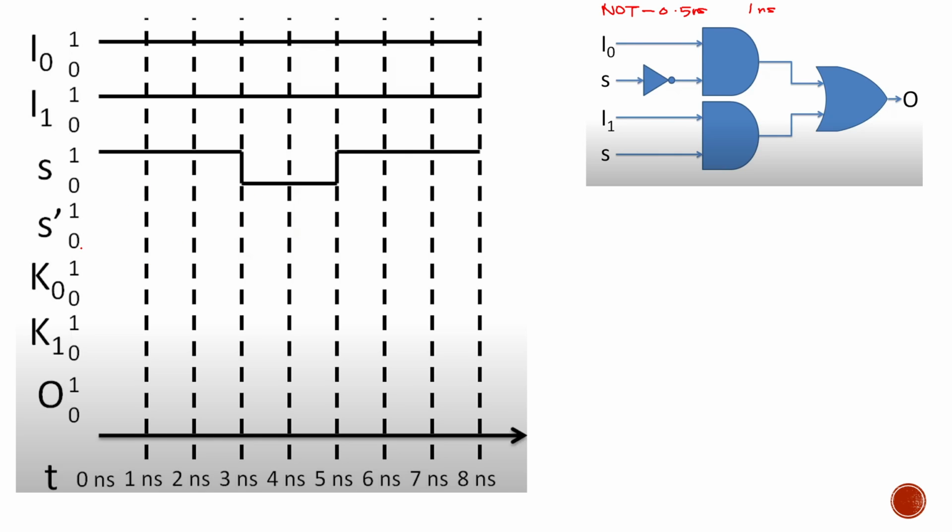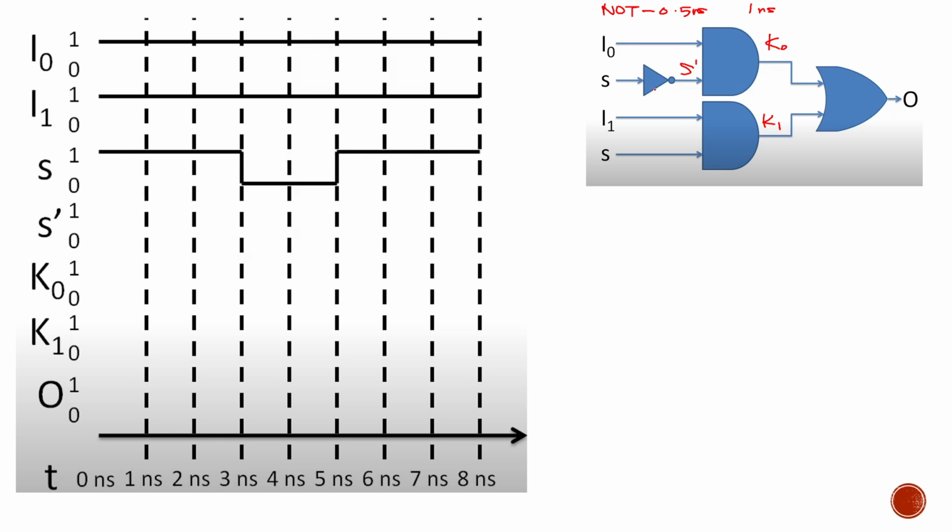Now we are going to start drawing the first waveform, for S bar. Where's S bar in the circuit? S bar is here in the circuit, and suppose we have intermediate outputs over here, which we call K0 and K1 to be consistent with the timing diagram.